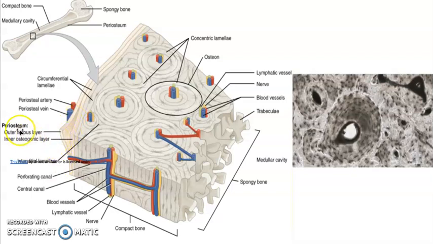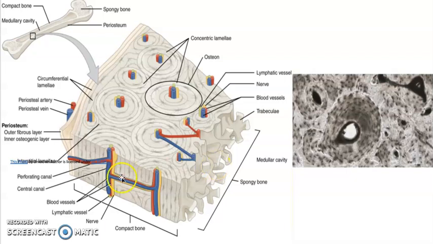Periosteum, you see here, is a dense layer of vascular connective tissue membrane that envelops the bone except at the surfaces of the joints. Endosteum is a thin vascular membrane of connective tissue that lines the inner surface of the bony tissue that forms the medullary cavity of the long bones.